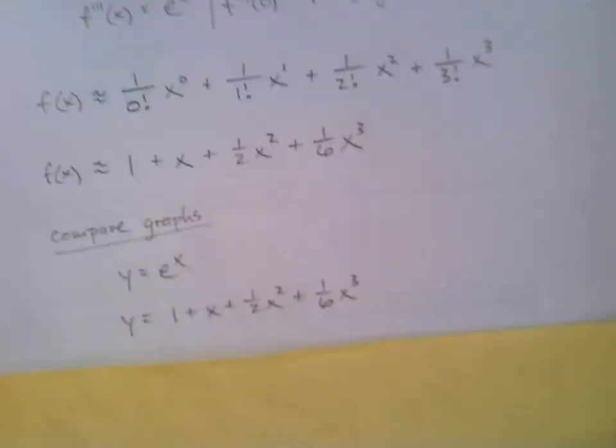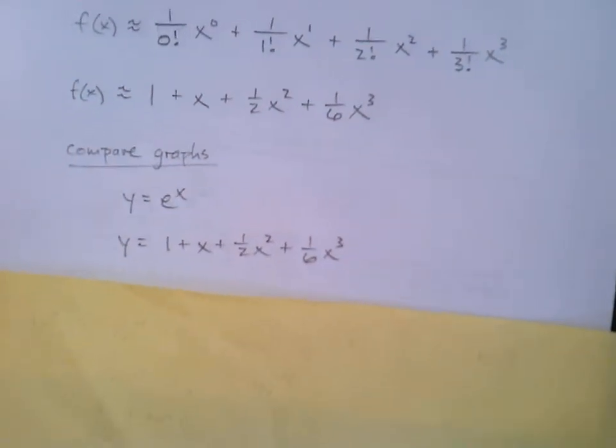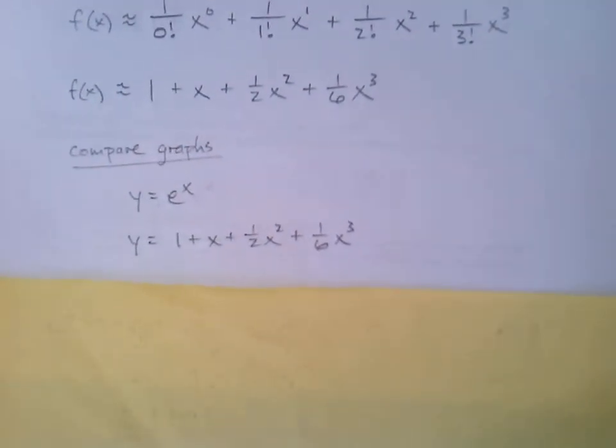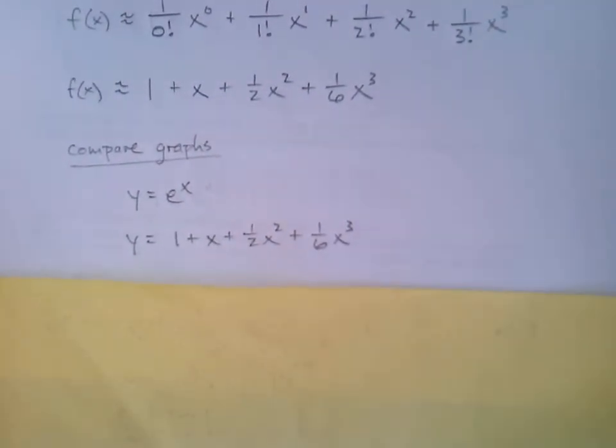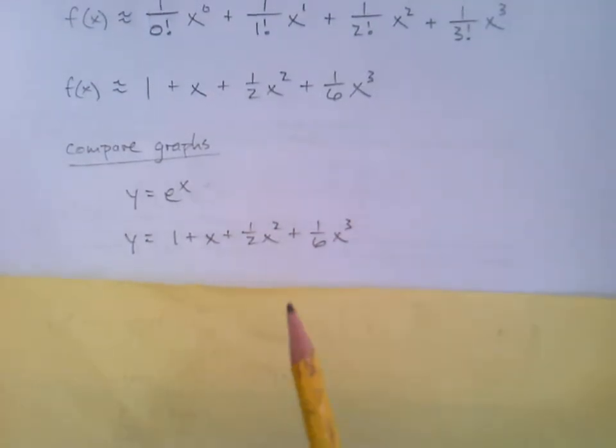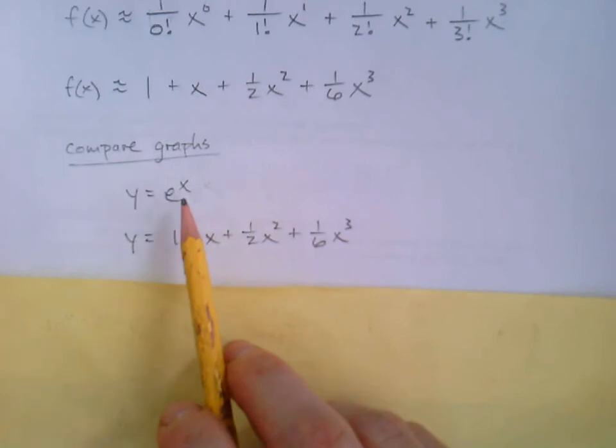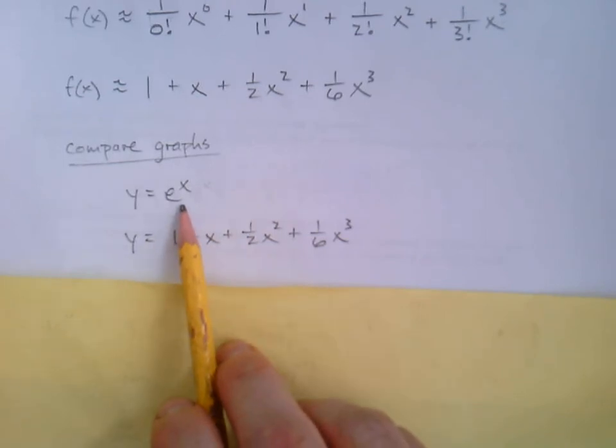Let me pull it back here, and that was the point I was trying to make. So what's the usefulness here as we wrap up this first video? I'll give you a little bit of insight. Turns out your calculator has no idea what e to the x is.